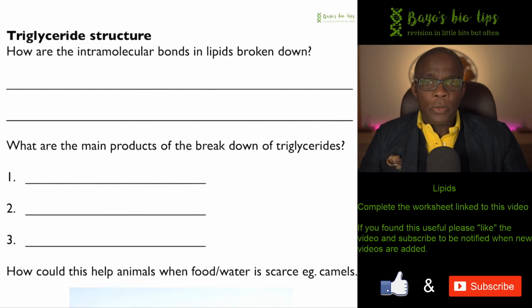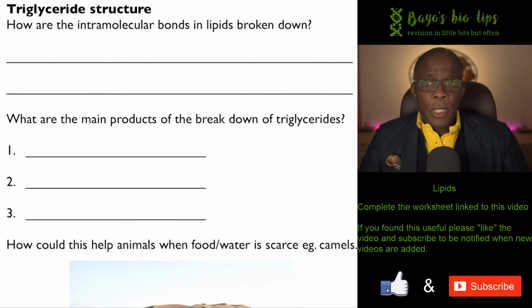So triglyceride structure. How are the intramolecular bonds in lipids broken down? They are broken down, as I've mentioned earlier, using a process called hydrolysis.